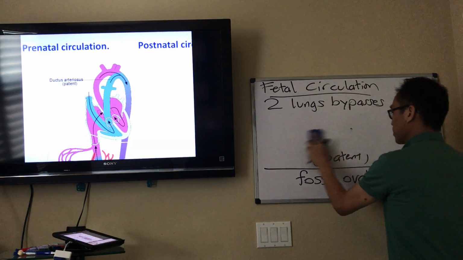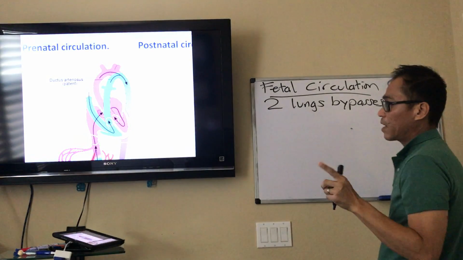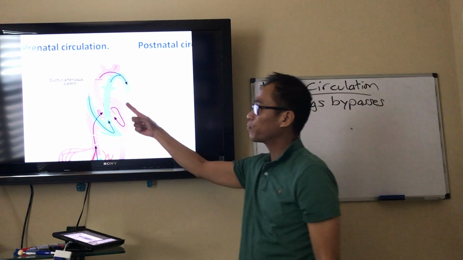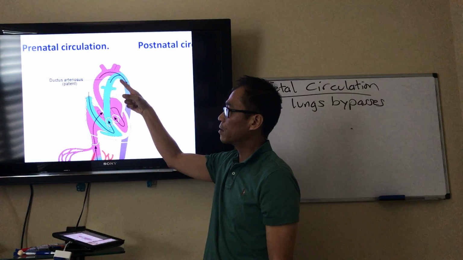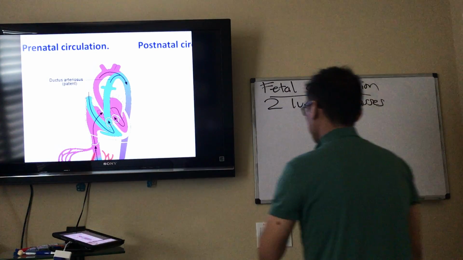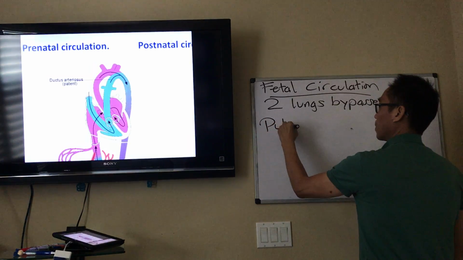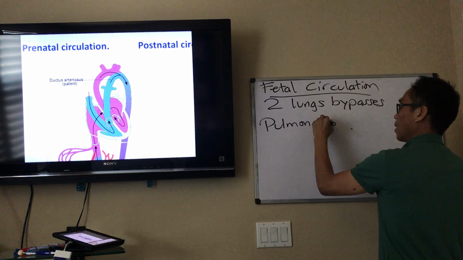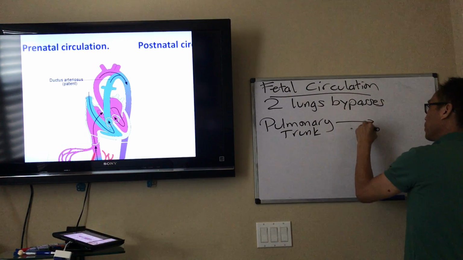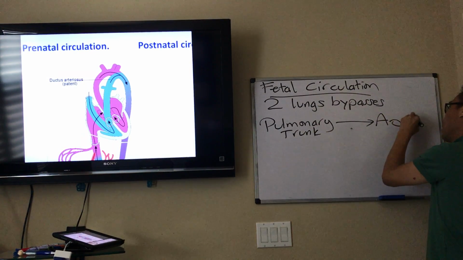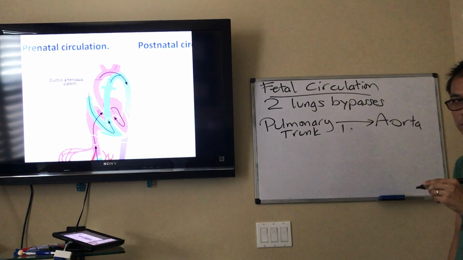Still a lungs bypass. In this bypass, you're going to go straight from the pulmonary trunk to the aortic arch through what's called the ductus arteriosus. So you go straight from pulmonary trunk, you go right to the aorta through the ductus arteriosus.